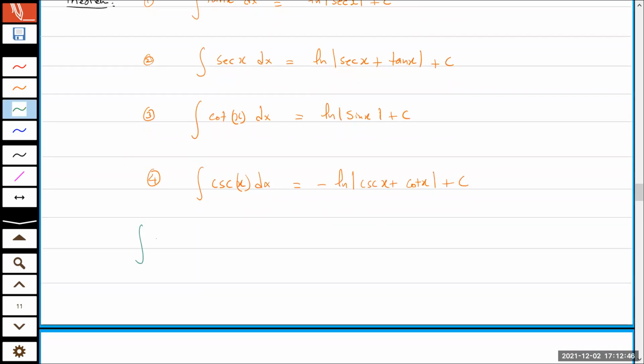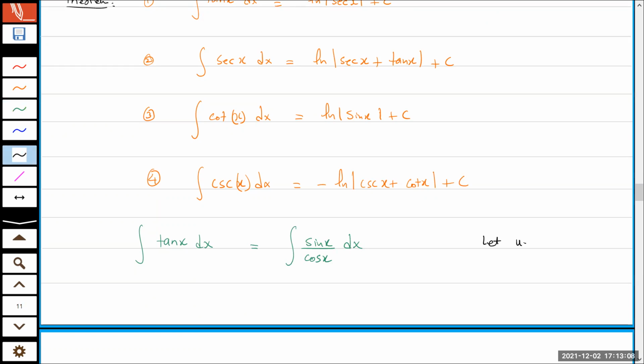So the antiderivative of tangent x dx. Now, by definition, tan equals sine divided by cosine. Now I make the substitution.